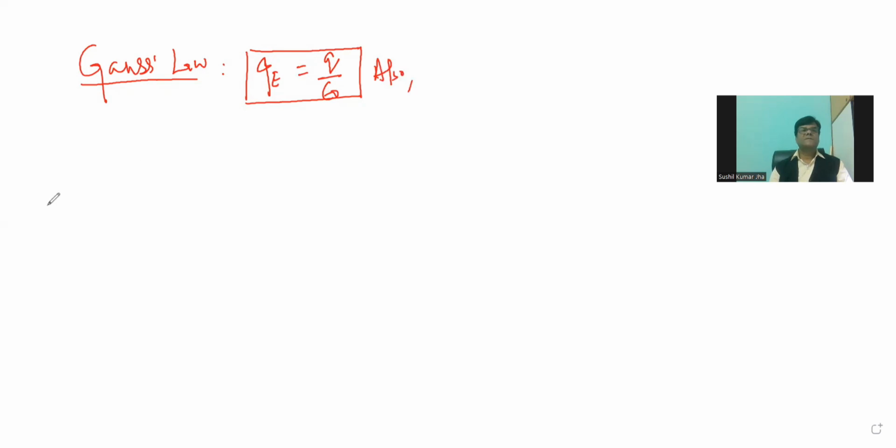Also, if you want, you can write it like this. Since phi is equal to E ds cos theta, as we have already done, the line integration is equal to q upon epsilon naught in extended form. This is the mathematical form of Gauss law.